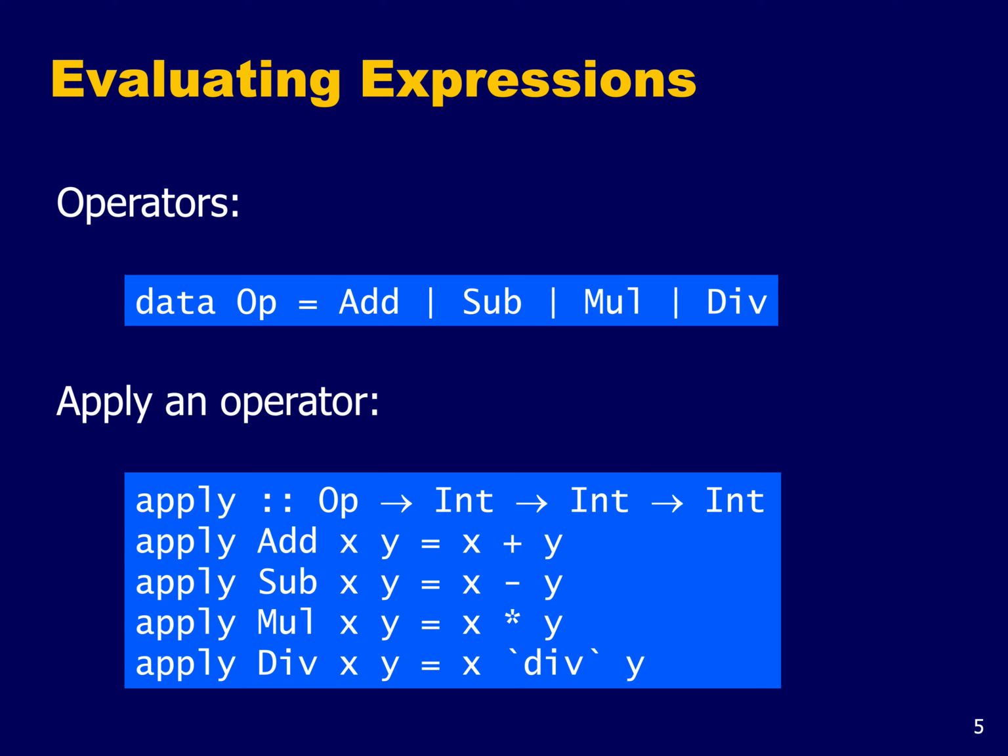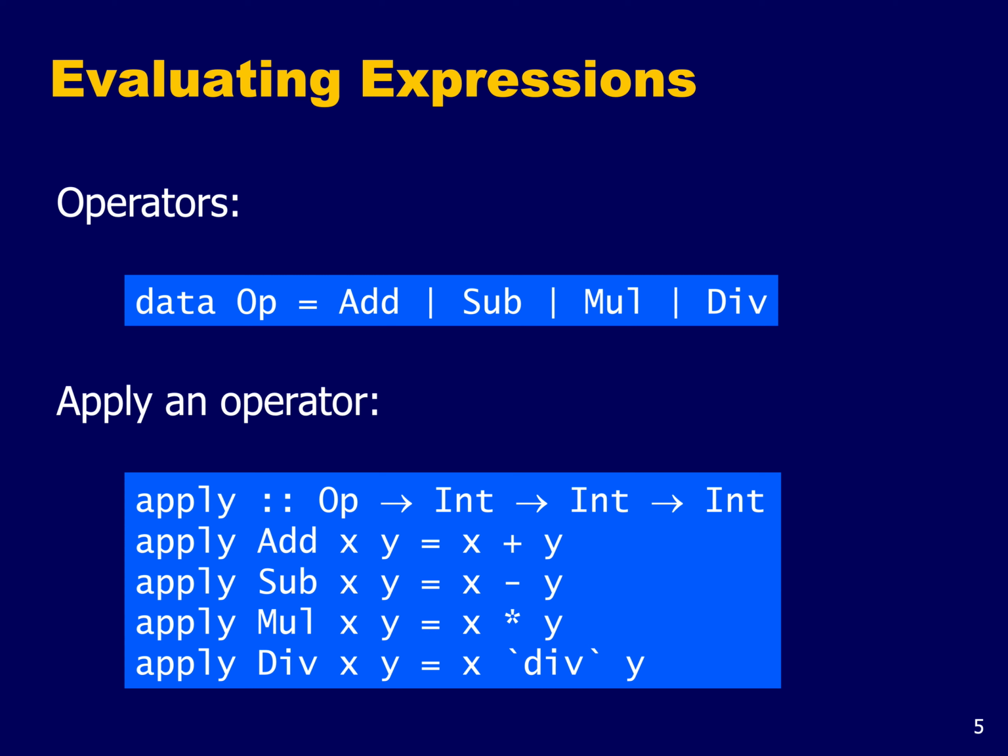Then what we're doing at the bottom of the slide is we're defining a function which allows us to apply an operator to 2 integer arguments. So it's giving a meaning or semantics to the 4 constructors for the op data type. So apply is a function. It takes an operator, then it takes 2 integer values. It's a curried function, and finally it's going to give us back an integer result. And the definition for the apply function is entirely straightforward.